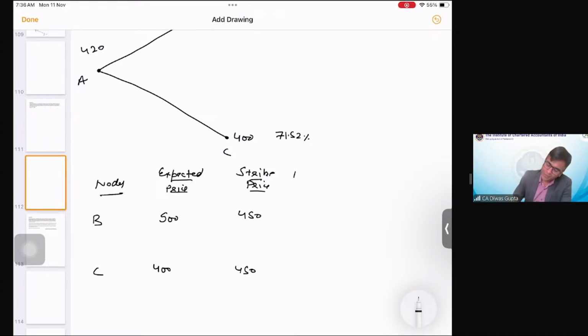So the payoff at B node will be 50 rupees because it's a call option and the expected price is higher than the strike price. At C, it will become 0. And then there will be a probability, 28.48 percentage, 71.52 percentage.